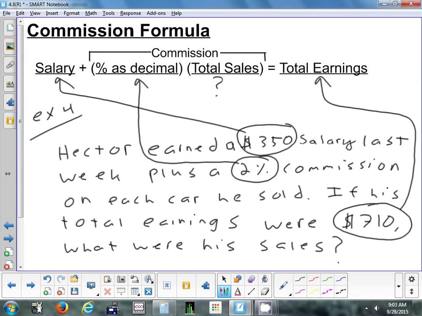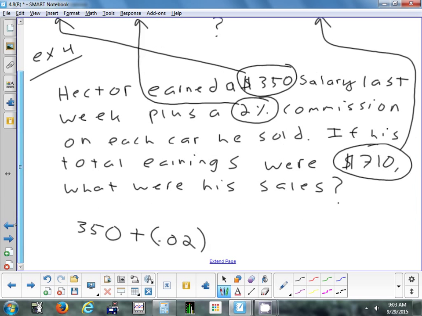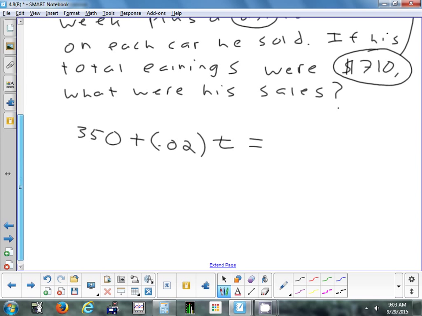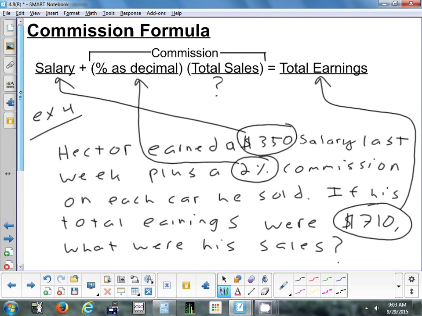We don't know the total sales, so just pick a letter. Let's just use T for total sales. Equals. And what's the last thing on the other side?